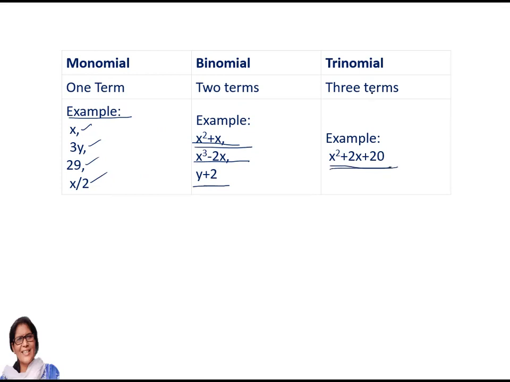Here 3 terms are there: x square plus 2x plus 20. I can take another example, x cube plus x square minus x. This is also a trinomial. तो एक होने से मोनोमियल, 2 होने से बाइनोमियल, 3 होने से ट्राइनोमियल.